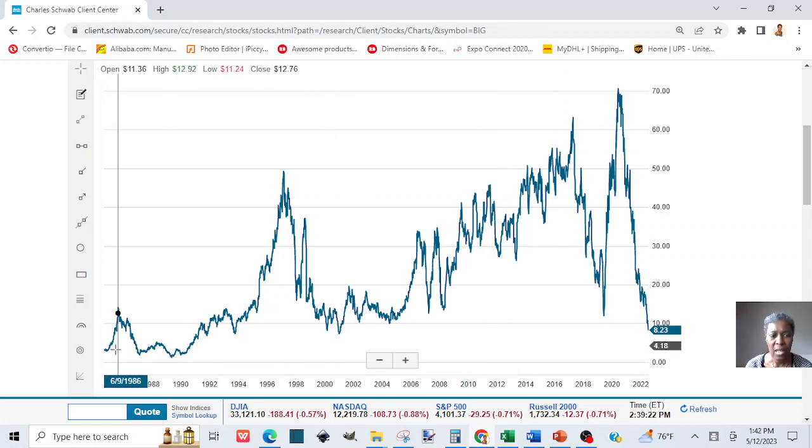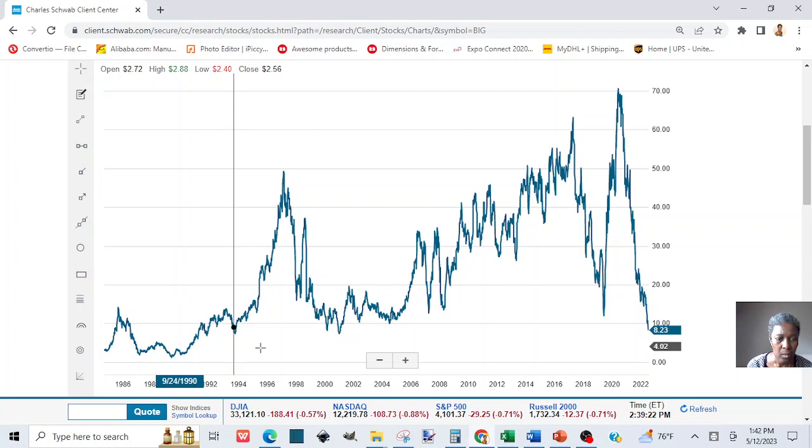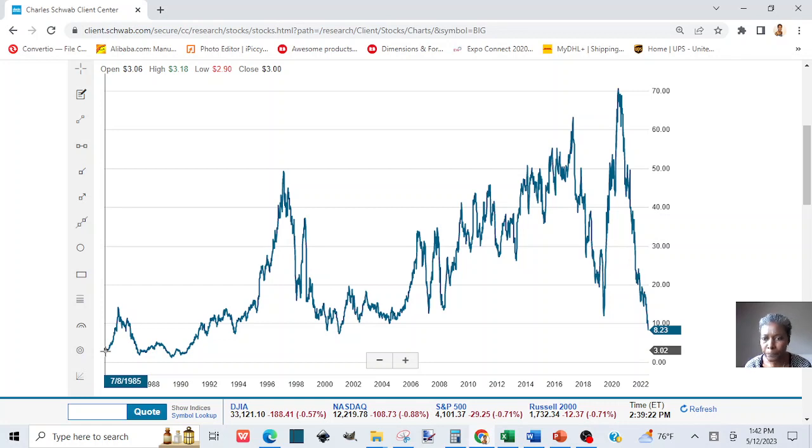And how low it was in 1985, 86. In fact, it started before 86. The chart started at 1985, so technically I should put 1985.